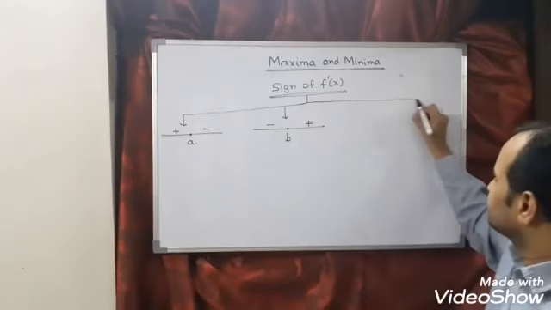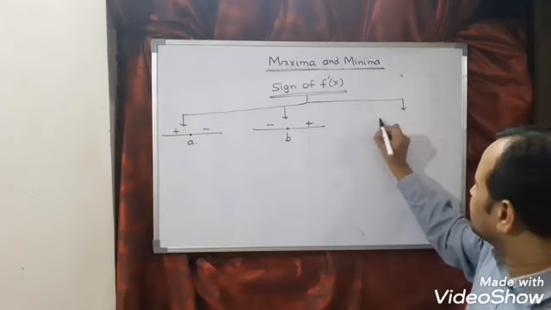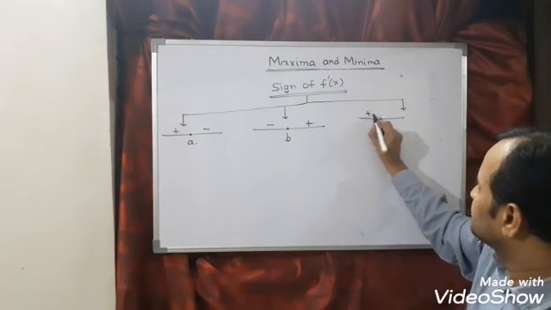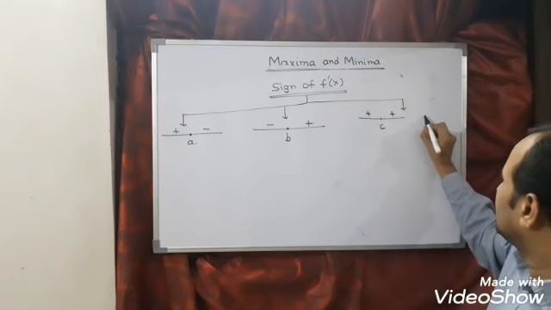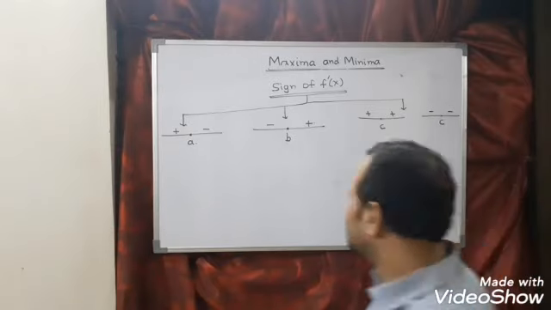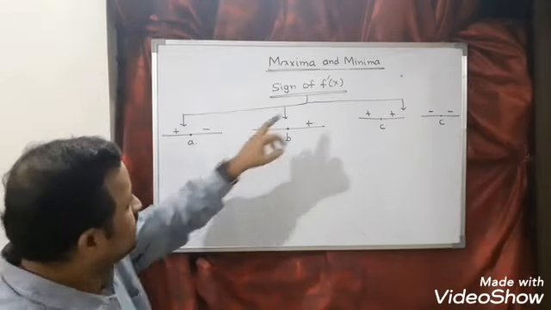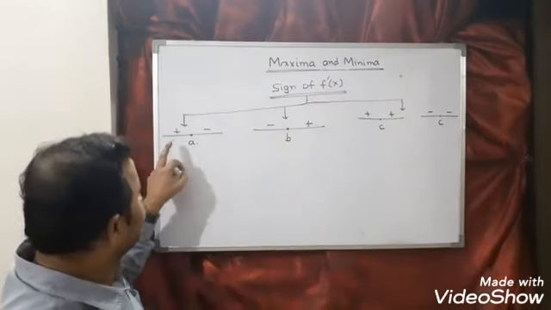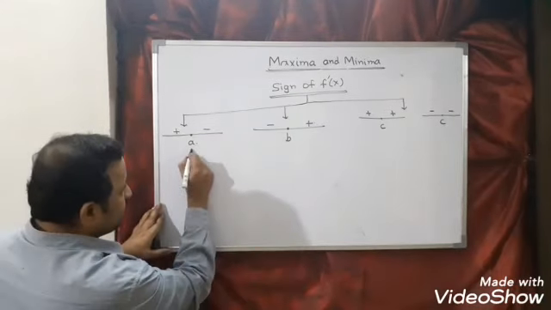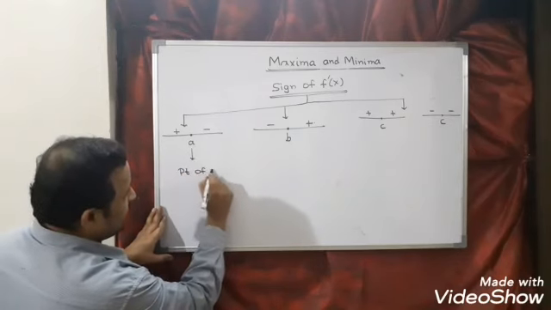Next, here something like plus, plus, or we can say here minus, minus. Now see here. So sign of f dash x represents what? f dash x changes its sign from positive to negative at x equal to a. Then this point is said to be point of maxima.